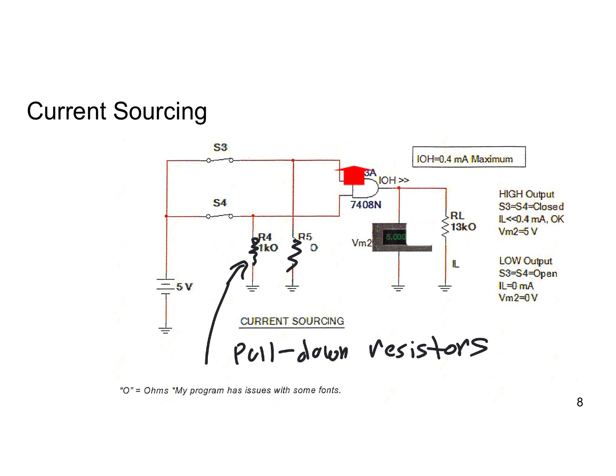If you don't put those resistors there, when you open the switch those inputs will be floating, and who knows how the gate is going to respond. You don't want to do that.